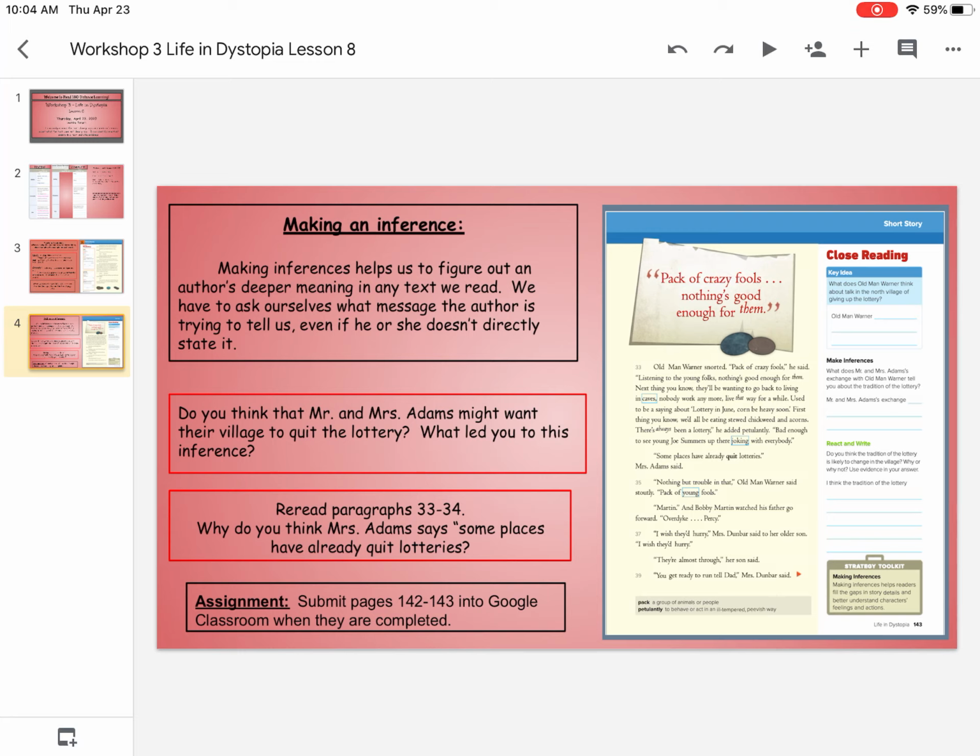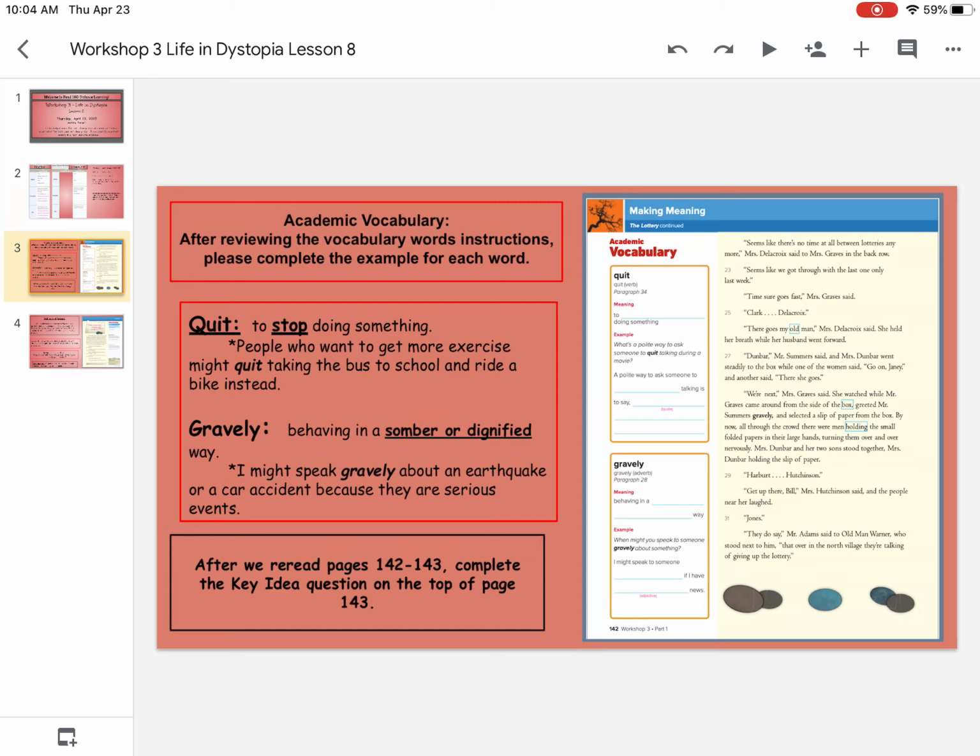And again, you're going to draw an inference here based on some evidence from maybe what the character said or how he acted. So keeping that key idea in mind, let's go back to page 142 and follow along as I read pages 142 and 143 aloud.